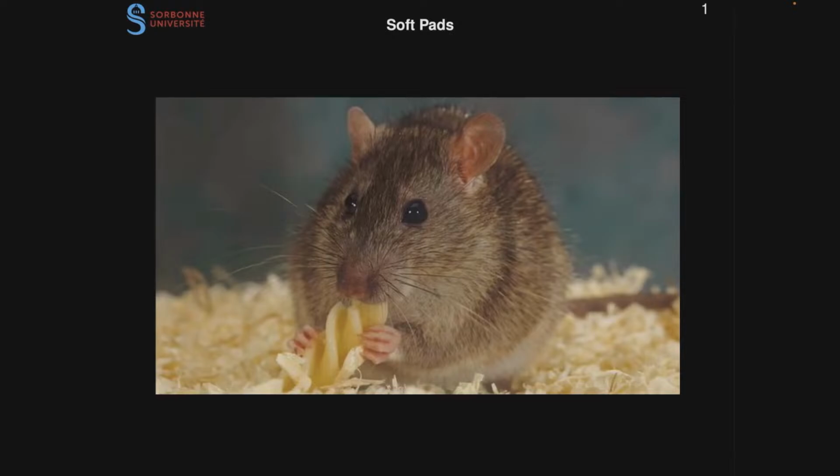It could be whiskers, it could be scales, it could be hoofs, etc. But here we'll focus on the soft extremities, which are very often an attribute of mammals. Many mammals have soft extremities, which are particularly interesting in terms of tactile mechanics.